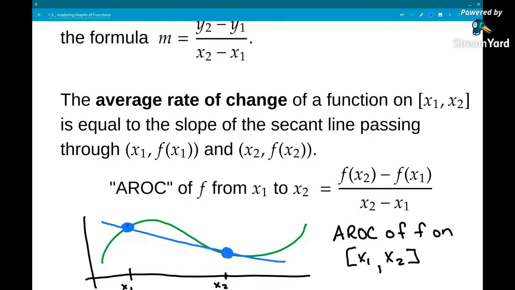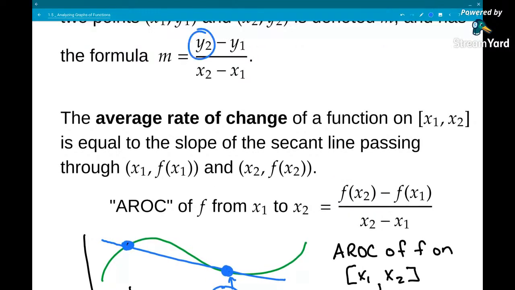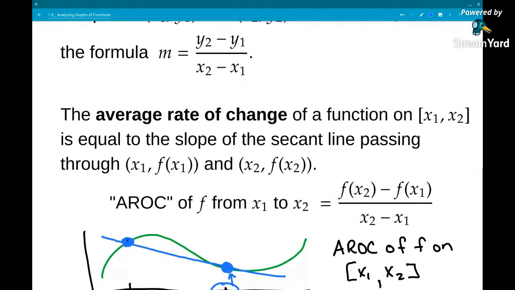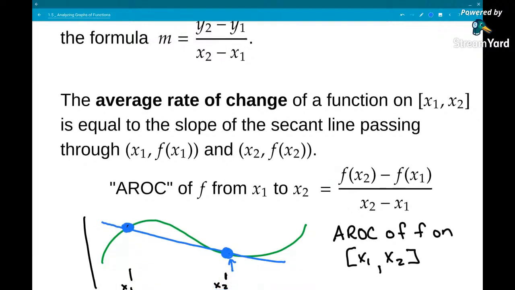Now, what is the slope formula? It's y2 minus y1. Well, what is y2? Well, y2 is actually f of x2, right? This second y coordinate in function notation is written as f of x2. Similarly, what is this y coordinate?